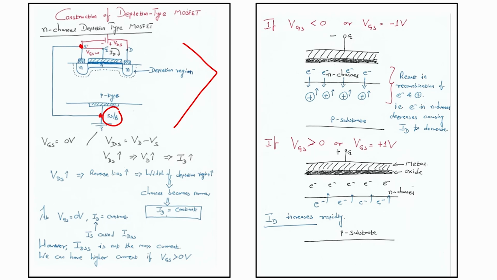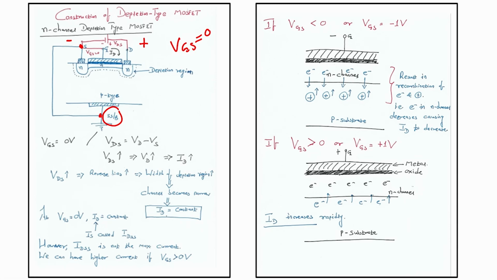We are applying VDS, where the drain is more positive compared to the source. And in this particular condition, the gate is directly connected to the source, that means VGS is 0.